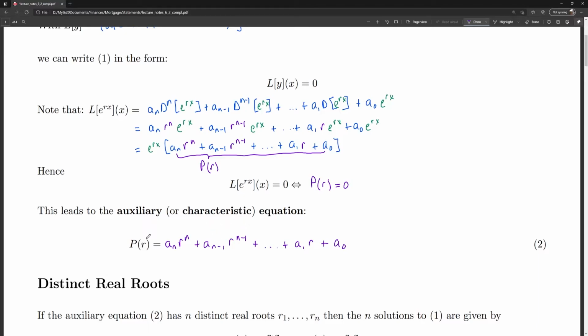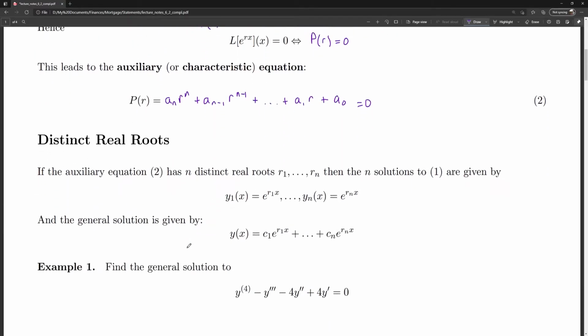And what we want to do is set this P of r equal to 0 to obtain the auxiliary equation. And when we solve this polynomial, setting it equal to 0, we're finding the roots of this polynomial. And so just as in Chapter 4, we have several cases.